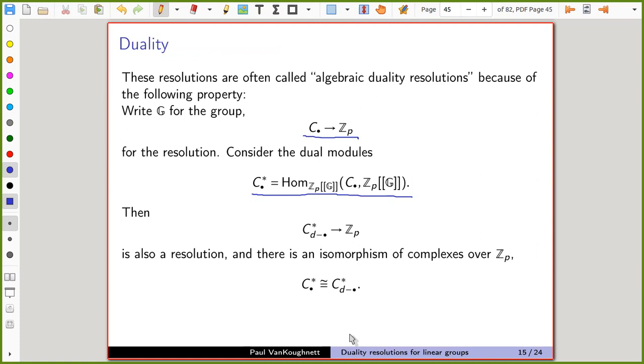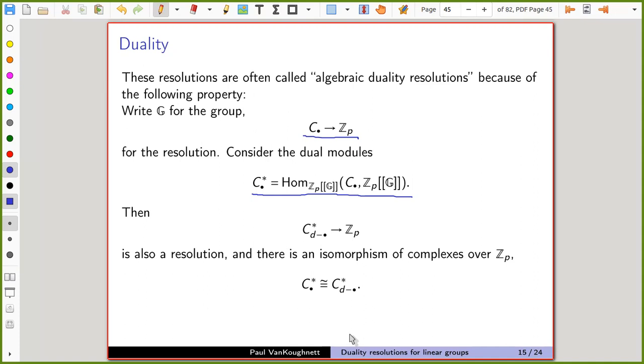And I wasn't quite sure what you were doing with this, because if you start off with a resolution of left modules, then you would finish with a resolution of right modules. And I don't see how you would use that. You can, of course, apply a vector space duality as well, but then you get injective modules. Do you see my trouble?